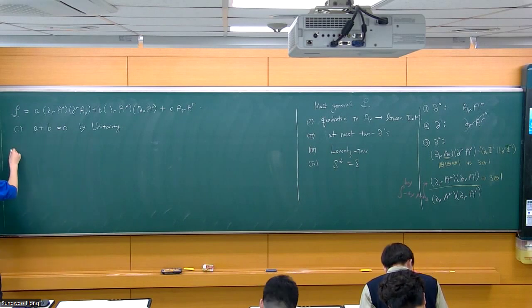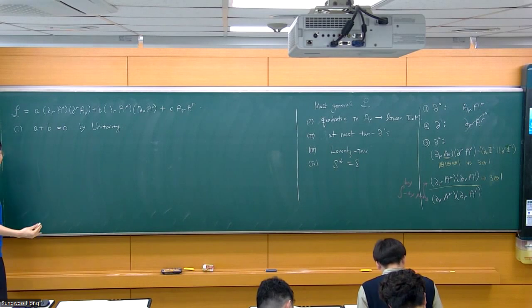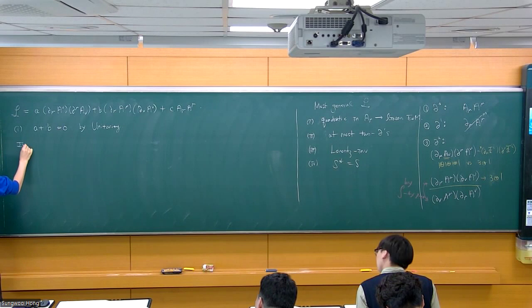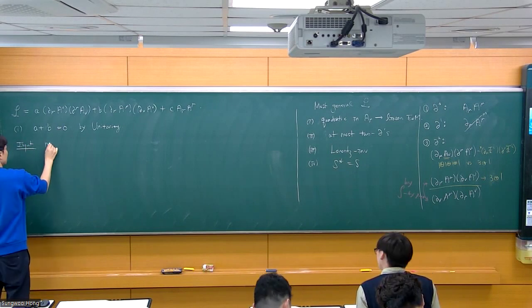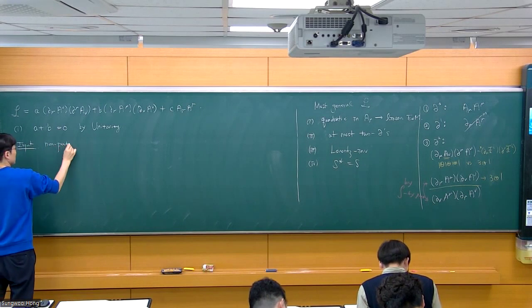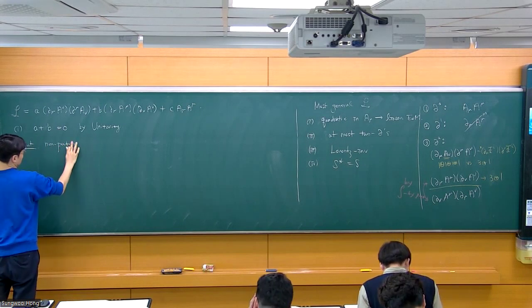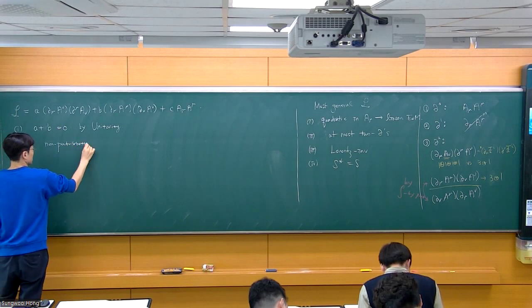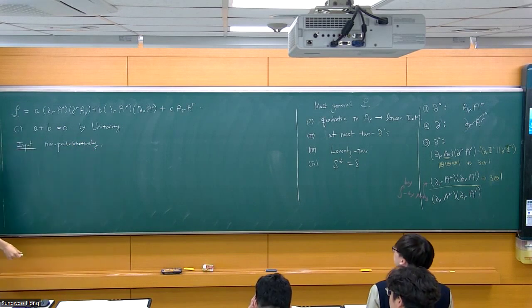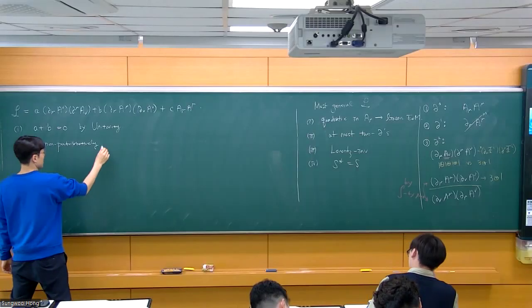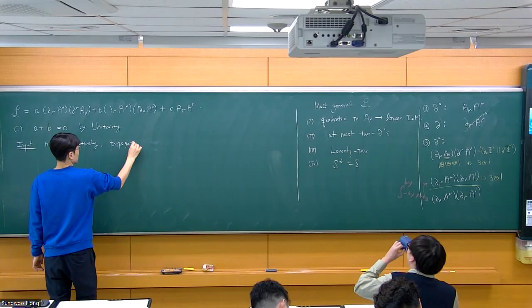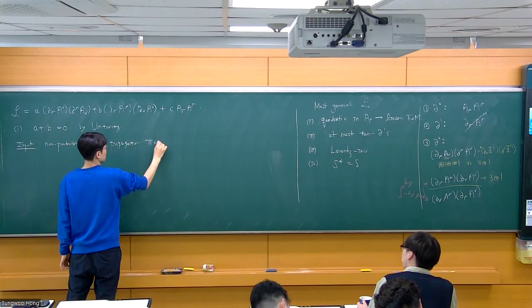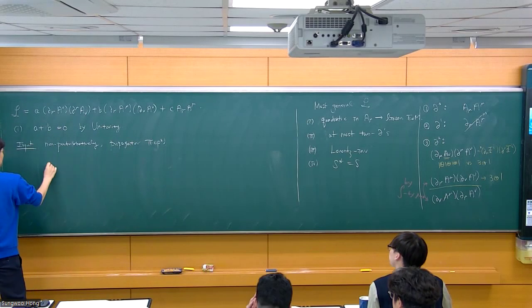Okay. So here I actually have to use one of the known facts, but we haven't discussed it yet. So here I'm going to have to use one input that non-perturbatively the propagator in momentum space, let me just call that pi of p squared, has to satisfy the following condition.